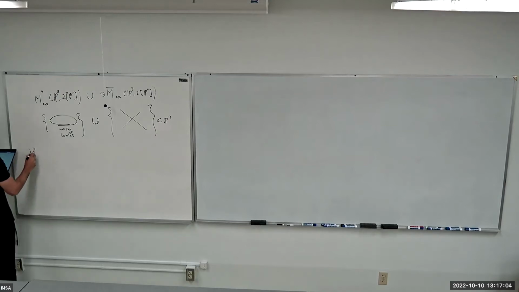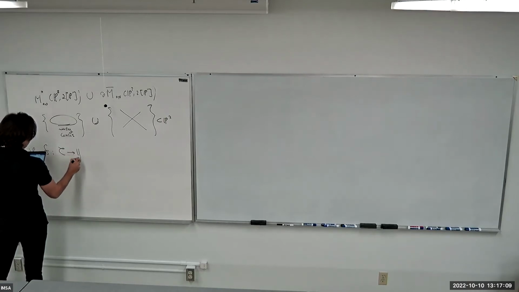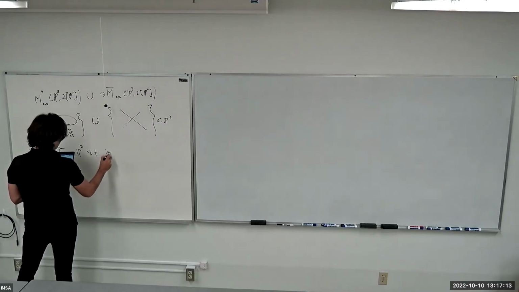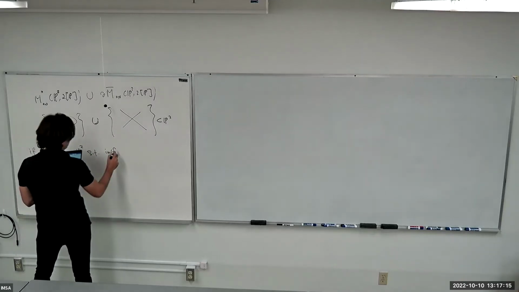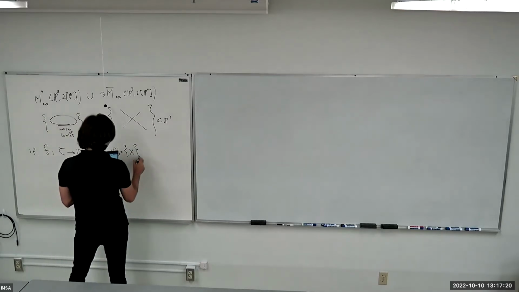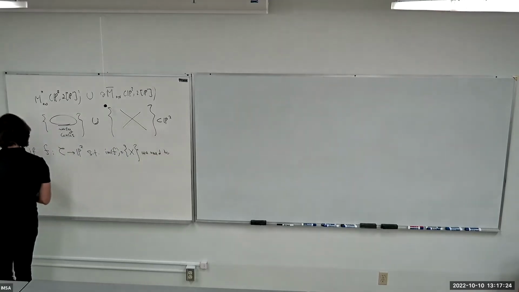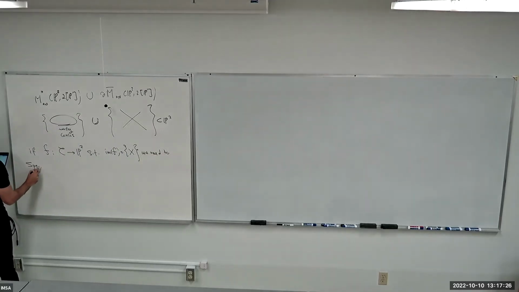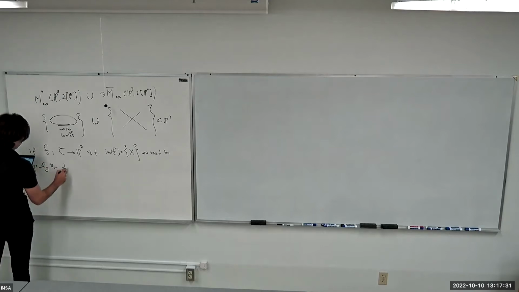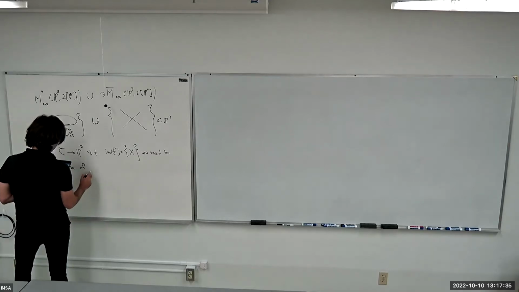If I have a map from a curve to P2, I need to specify the data of the point of intersection of two lines.